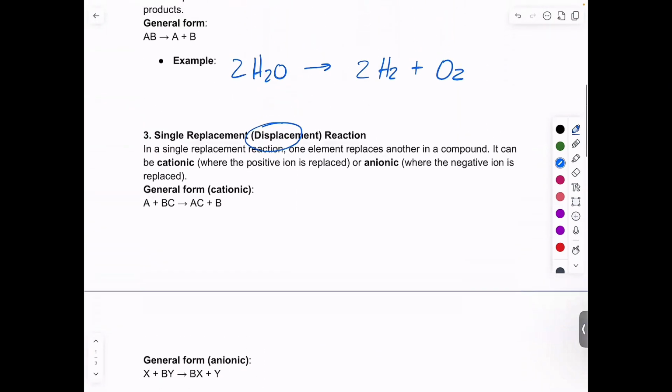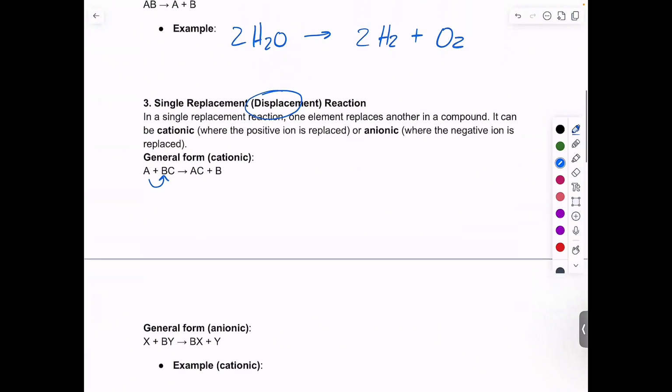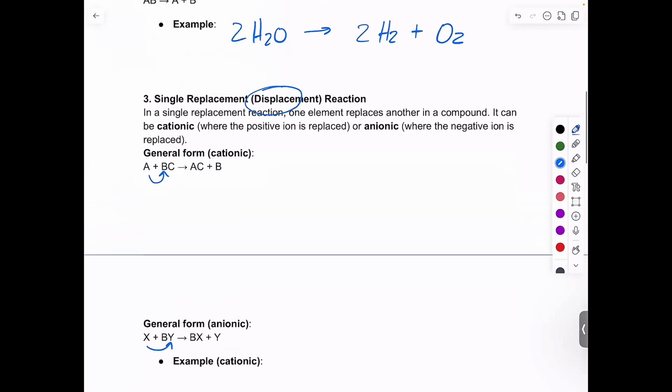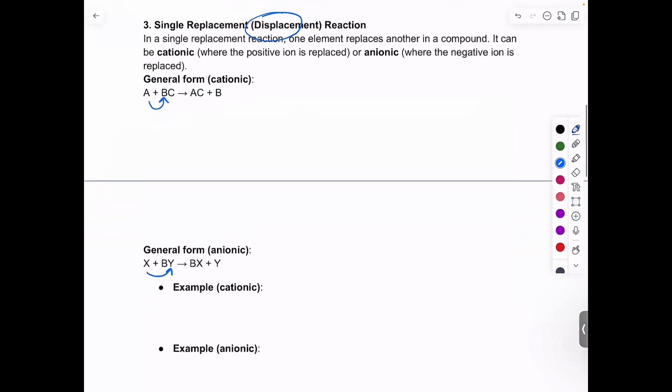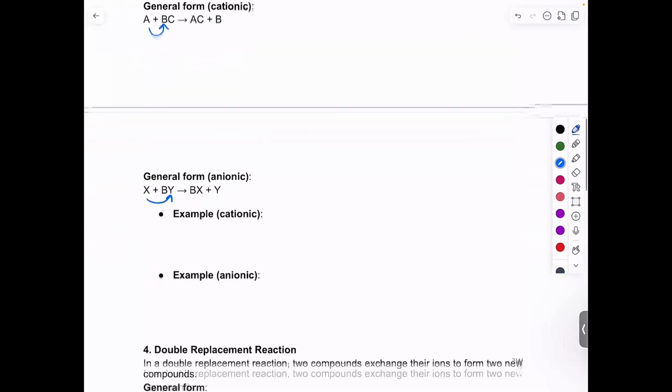Cationic is essentially displacing the cation. So A is basically going to tell B to move over. We'll have AC plus B. And then on the opposite side, we'll have anionic, where we have X plus BY. And guess what? X is going to take care of Y and move it over. Okay, and so usually, let me come down here real quick.